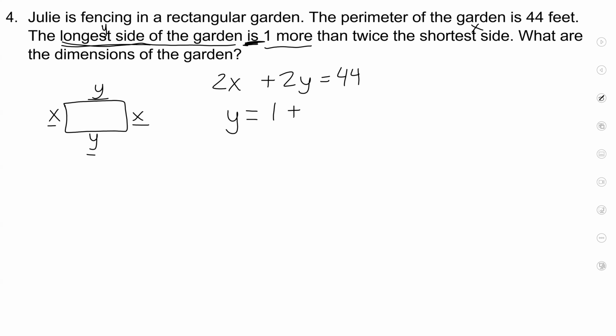It wants 1 more. Then twice, what do we put? 2, twice the shorter side. Okay, there we go. This is 1 more than twice the shorter side. So you have the shorter side, we have twice the shorter side, and we add 1 to it. Make sense? Those are your 2 equations. Go ahead and solve.